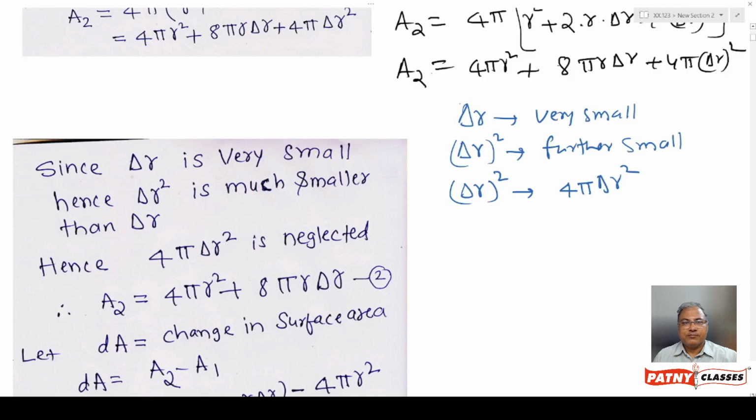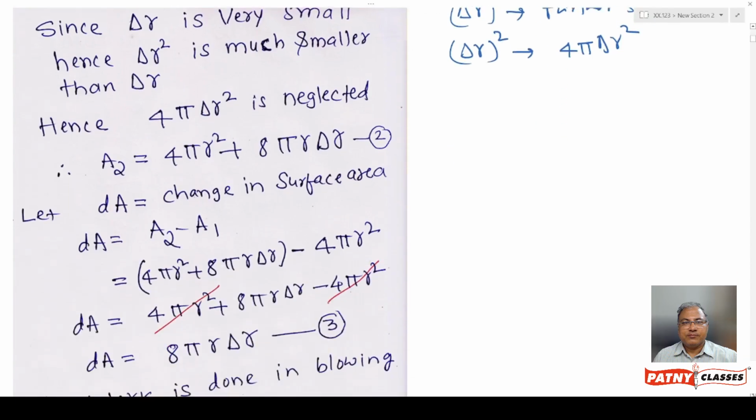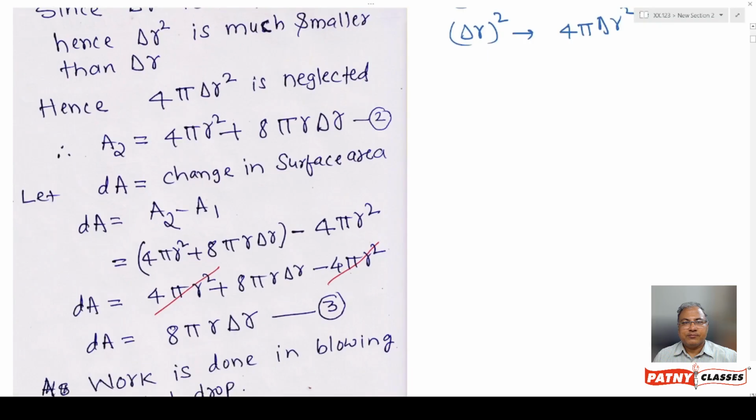Now we have got A1 and we have got A2. dA is the change in the surface area, calculated by the formula final surface area minus starting surface area, that is A2 minus A1.